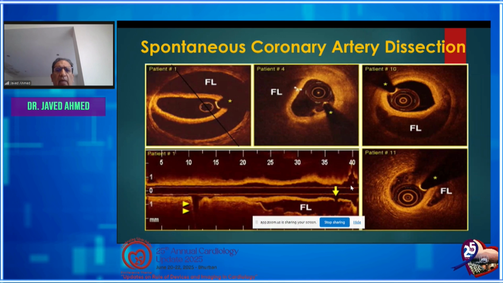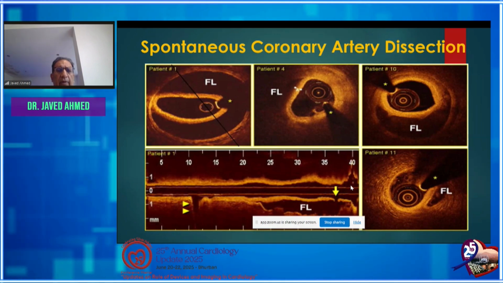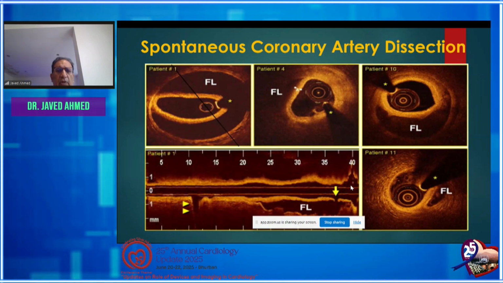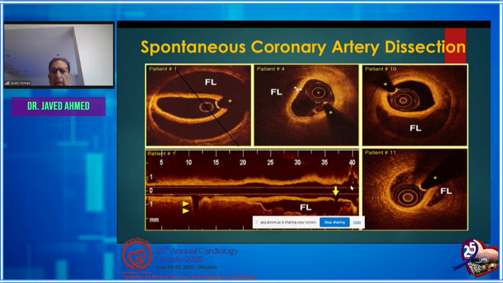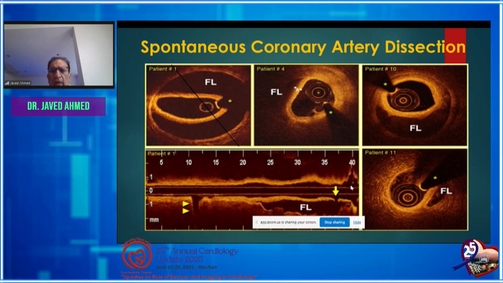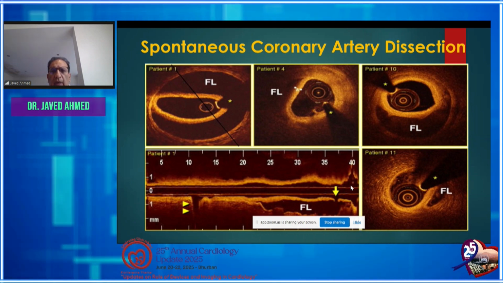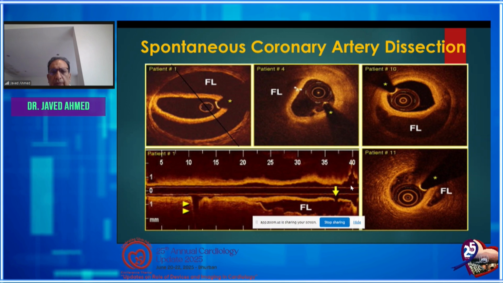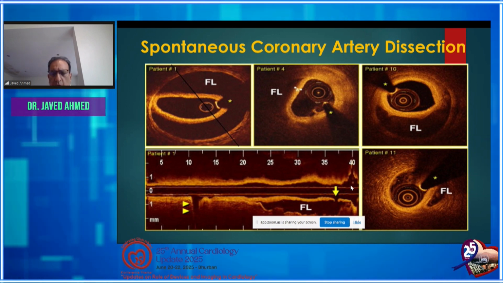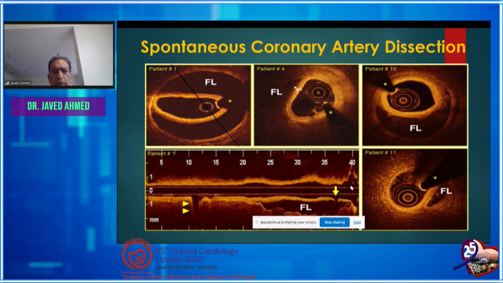And this is an example of spontaneous coronary artery dissection, where you could see a false lumen, and all the way in these three top images, and also on the longitudinal resolution.